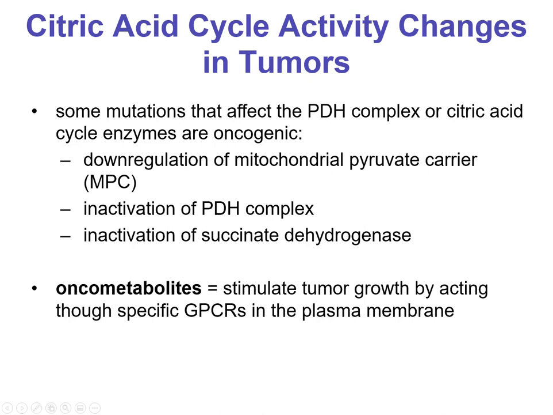So there are some mutations that affect the PDH complex and citric acid cycle enzymes. And those mutations are oncogenic, meaning that when they happen, it allows for unchecked cell growth. Some of these mutations are things that downregulate the mitochondrial pyruvate carrier, which means that you have a decrease in the flux of pyruvate into the mitochondria.